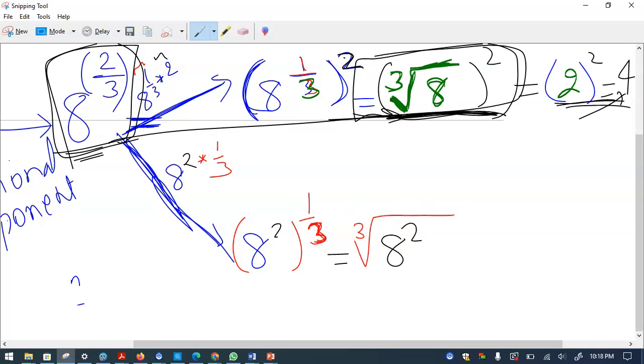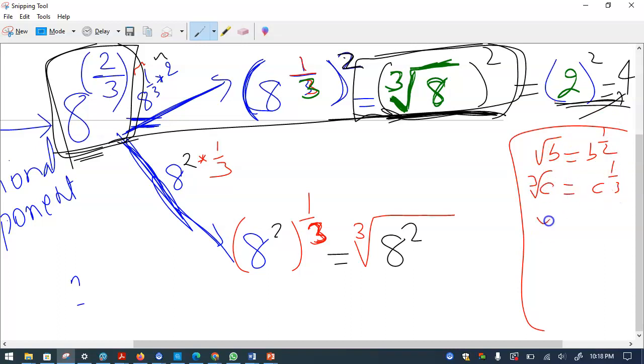That's what I've been trying to show in the earlier video. If you go back, you remember if I have square root of b, it is b raised to half. Cube root of c is c raised to 1/3. Fourth root of d is d raised to 1/4. All you do is go backwards here. So there is already 1/3, so you just take the cube root.